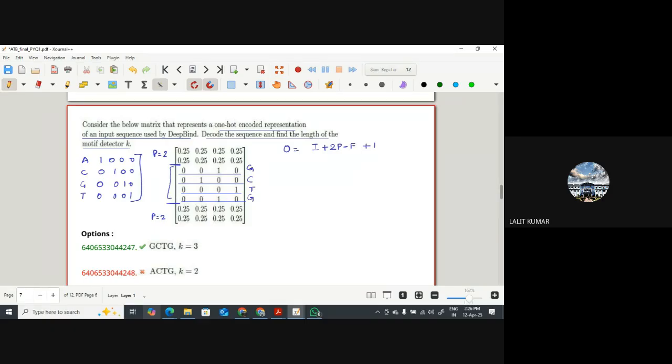We apply only the padding so that the output and input length remain the same. So it means 2 into 2 minus F plus 1 is equal to 0. So here F becomes 5.